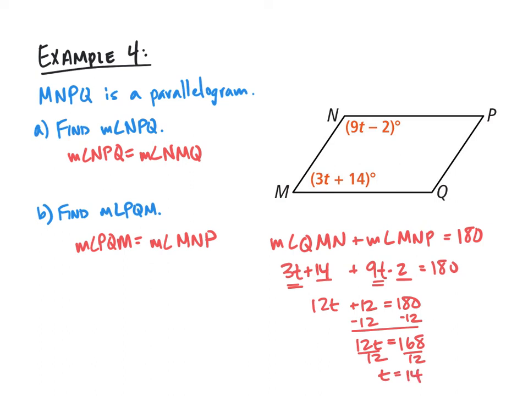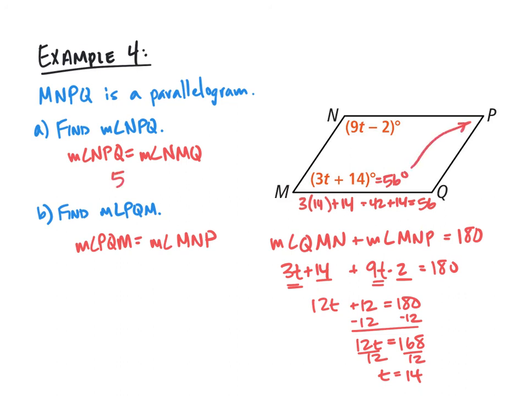So now that I know that t is 14, I know that the angle down here is going to be equal to 3 times 14 plus 14. 3 times 14 is going to give me 42, and 42 plus 14 would give me 56. So this is 56 degrees, which means that this is 56 degrees.